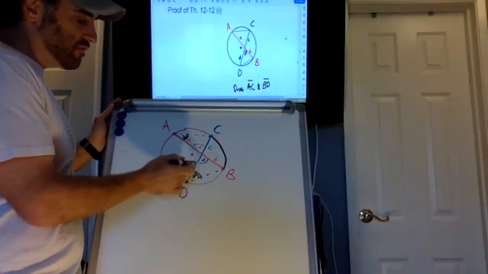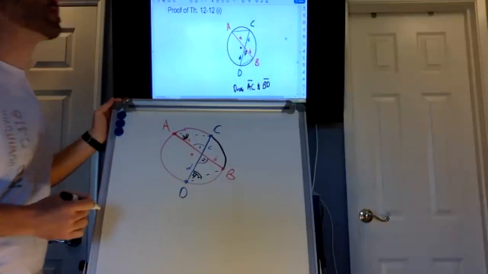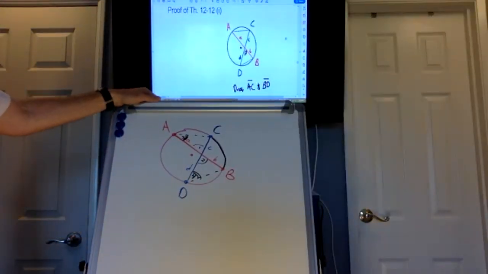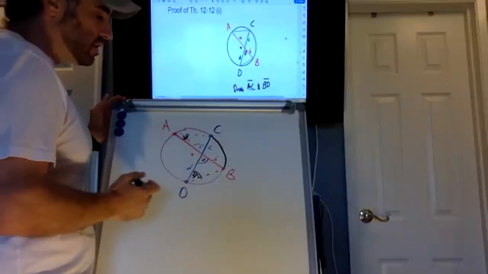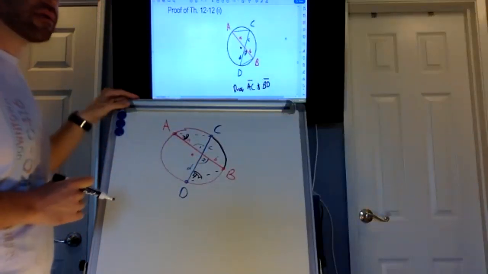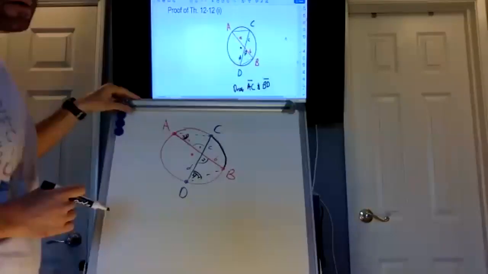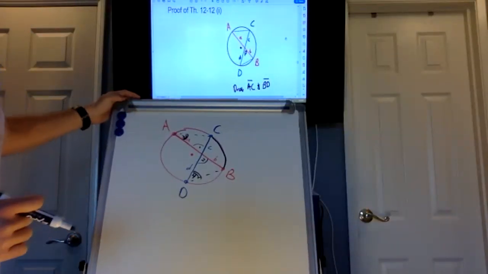Now, if two angles of one triangle are congruent to two angles of another triangle, what do we know about the triangles? They are similar. So these triangles are similar by the AA similarity. Was it a theorem or postulate?